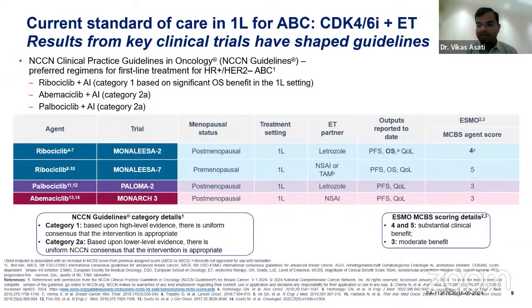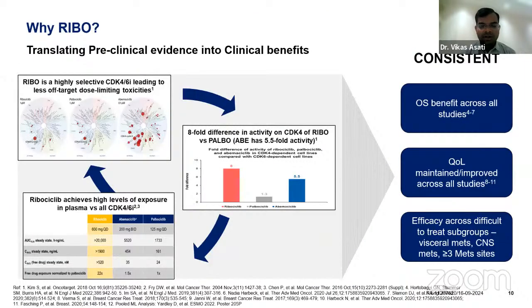So if we have a premenopausal patient, I think the only approved CDK4/6 inhibitor is ribociclib. And in postmenopausal patients, the score for ribo is 4, and for palbo and abema is 3. And I think ribo has a higher score than the other two CDK4/6 inhibitors because they have the better OS data.